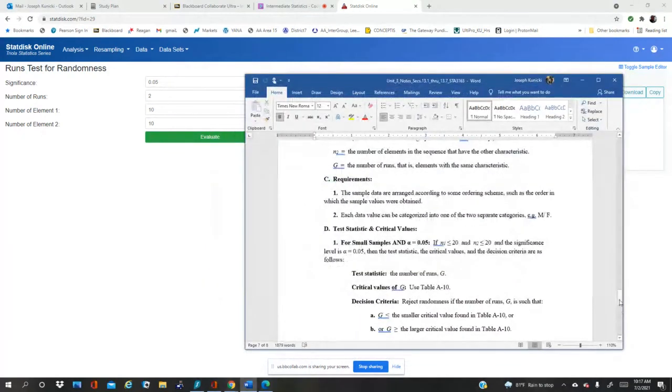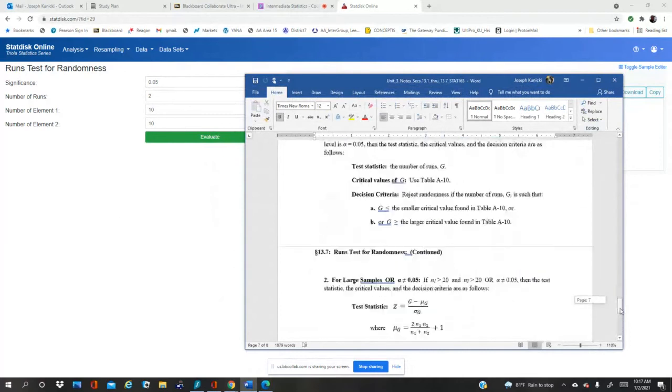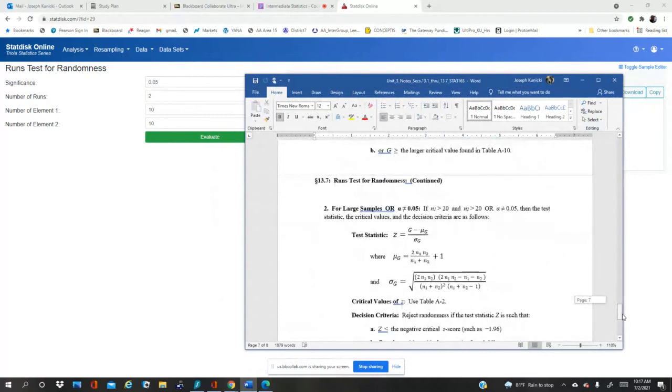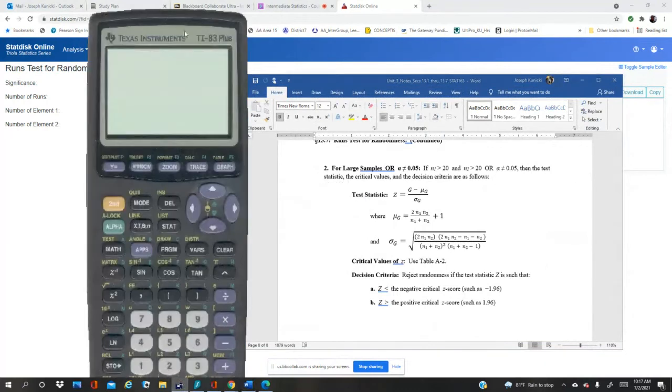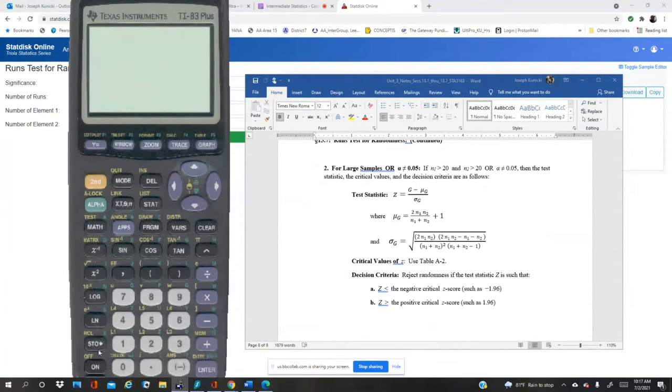I'm pretty sure it's going to be 0, but we can't use anything from the small sample, so we have to go to the large sample, which says alpha is not equal to 0.05. So they're violating their whole principles. But that being said, we can still calculate it.